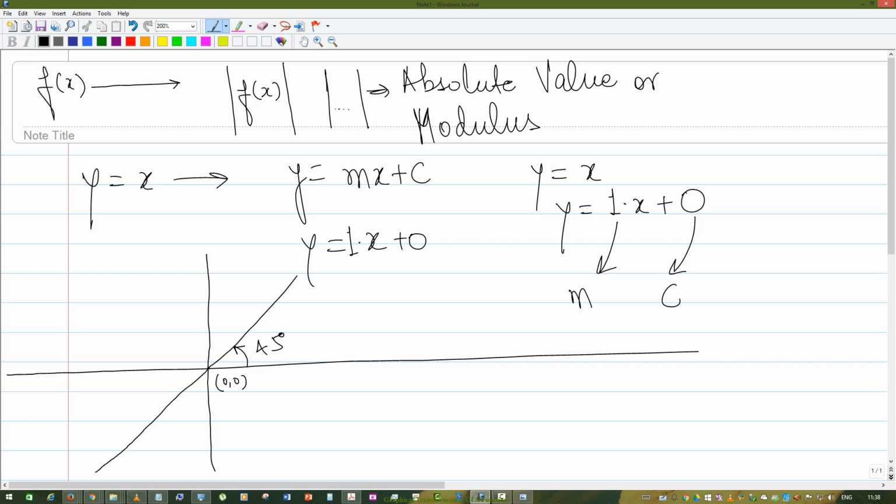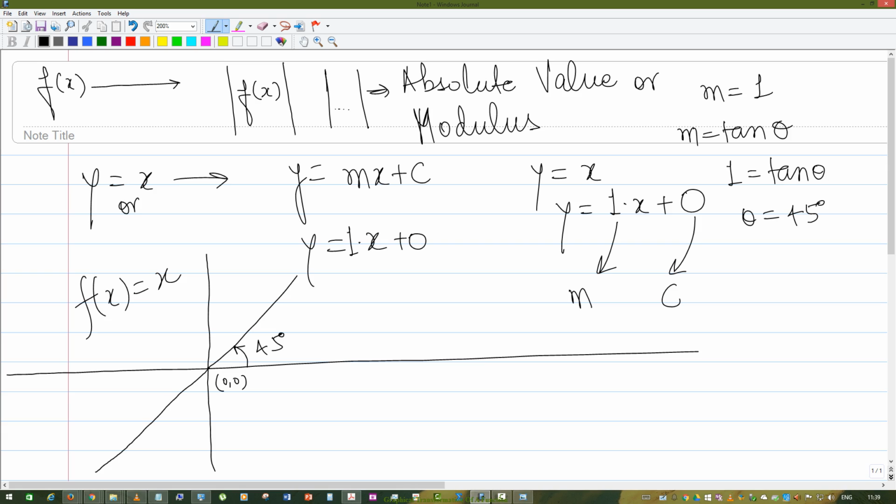Because the value of m is 1, and we know the slope of the straight line is m is equal to tan theta, and if 1 is equal to tan theta, then theta is equal to 45 degrees. So this is our f(x), where f(x) is x. We can write it as y is equal to x, or f(x) is equal to x. It's just the same thing.